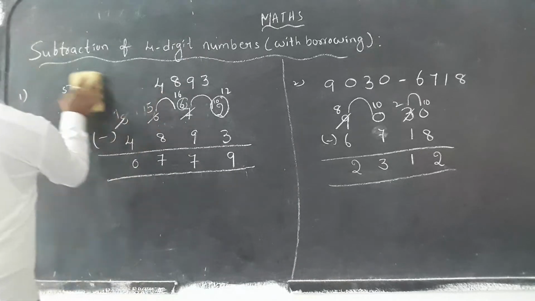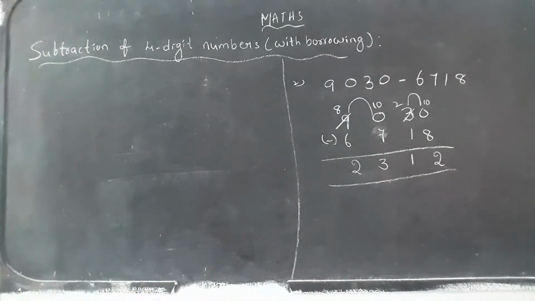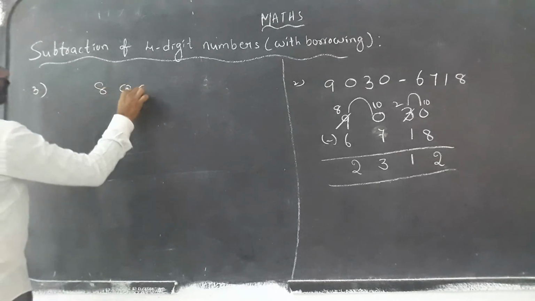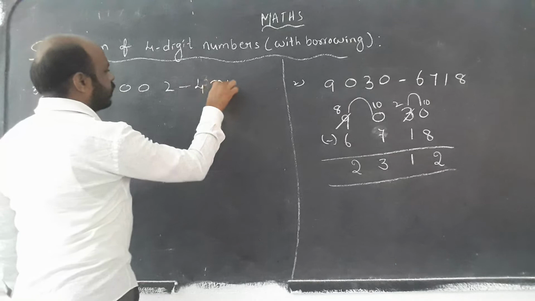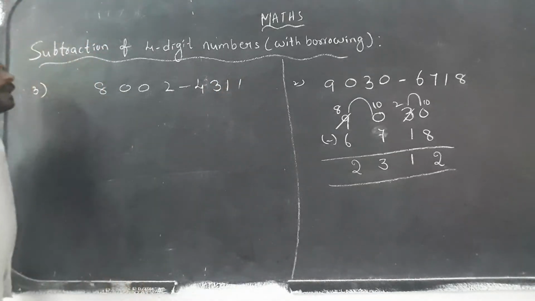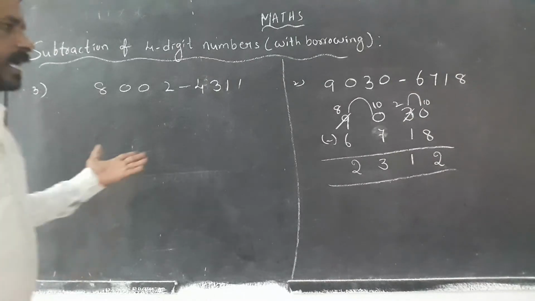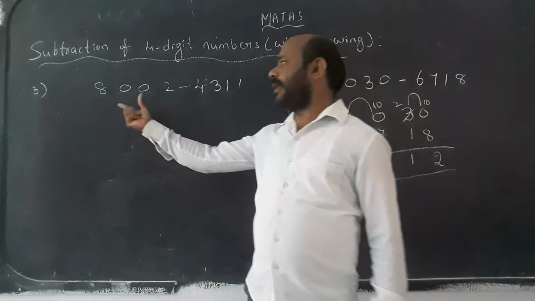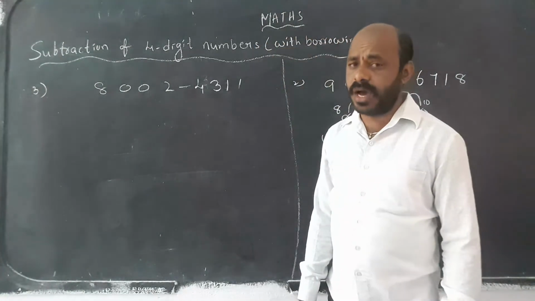One more example I will say, a third example. 8002 minus 4311. What do we have to write?